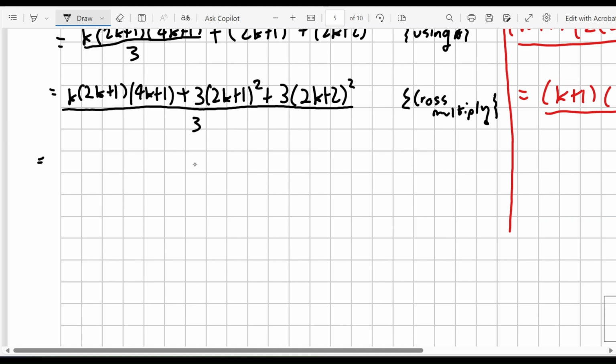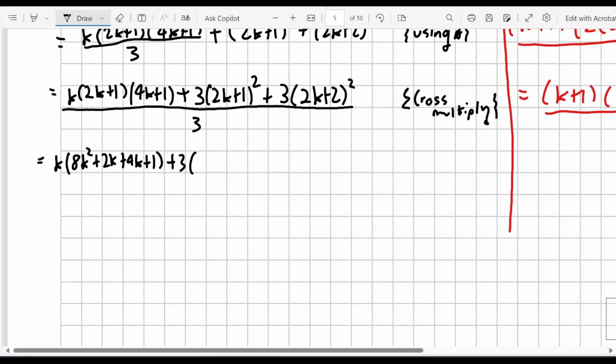So let's expand it. K can stay out the front of this one. Inside the brackets, I'm going to get 8k squared. I'm going to get 2k, 4k, and 1. When you expand stuff like this, please leave the number out the front first. If you try and expand the 3 into here, it's actually incorrect because the bracket's sort of all locked in by that squared. And if you put the 3 in there, that's not mathematically valid.